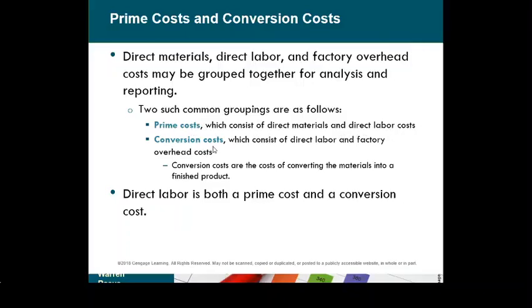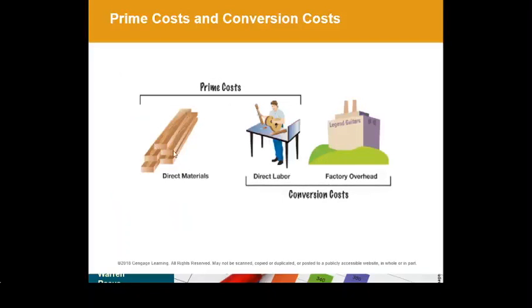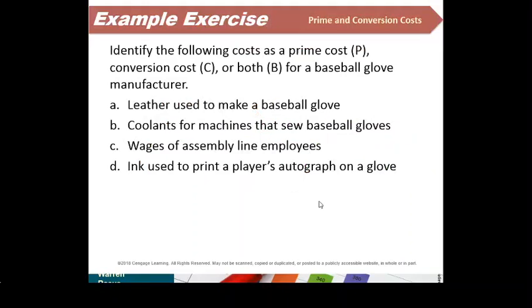Conversion cost is the cost of converting a material into a finished product. Therefore, it consists of direct labor and factory overhead. Only direct labor can be found in both prime cost and conversion cost. Direct material plus direct labor are prime cost, and direct labor plus factory overhead costs are conversion costs.